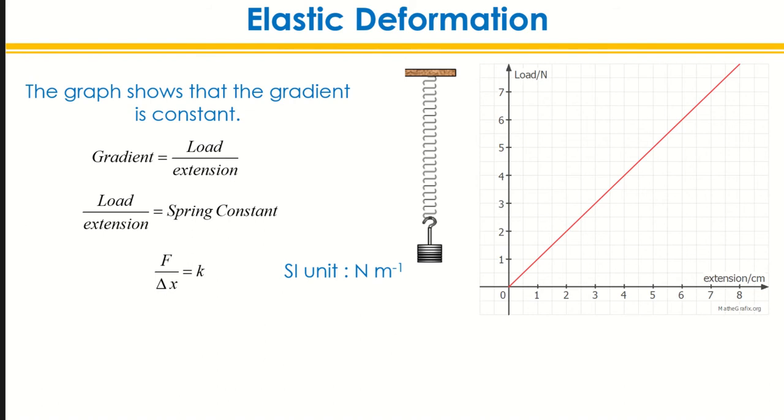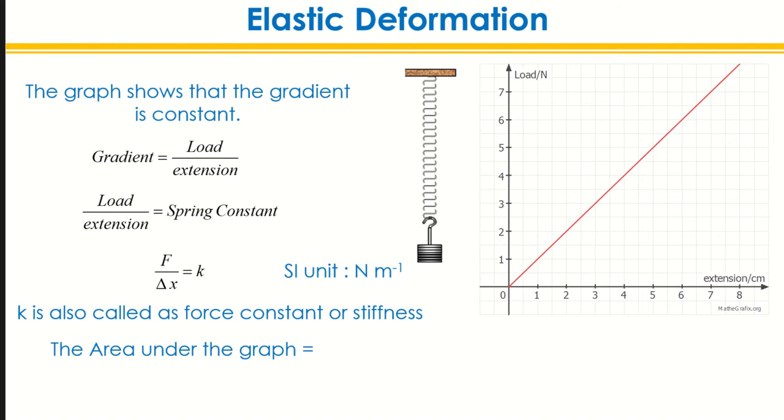If we take the area under the graph, then we get a triangle, and the area of the triangle is half base into height, and we get half force into extension. And we know that the force is k multiplied by delta x, so we can rearrange this as half k delta x squared.